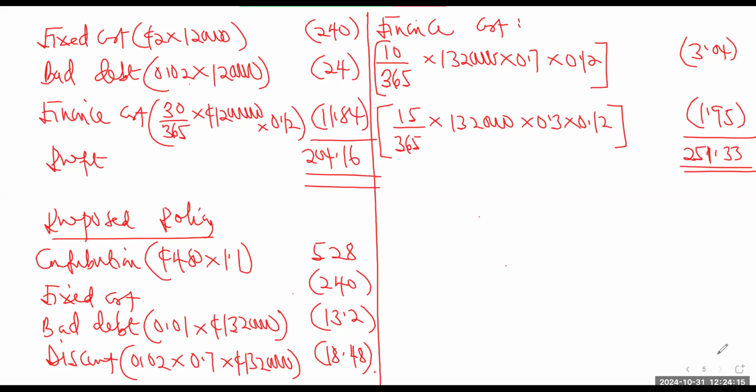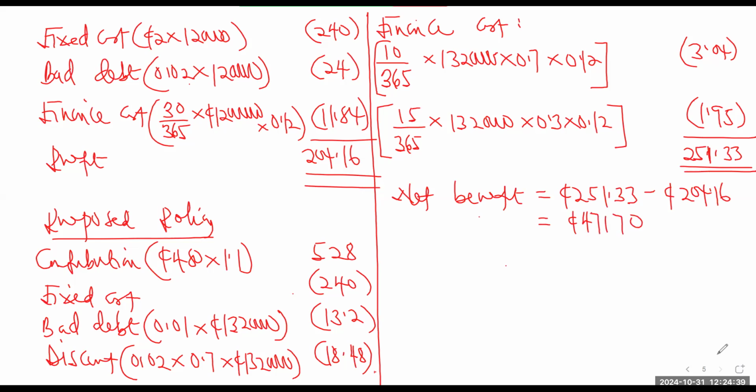Okay. So what will be the net benefits? 47.17. So this one, that will be 47,170, isn't it? Yes. We are keeping 3 zeros.